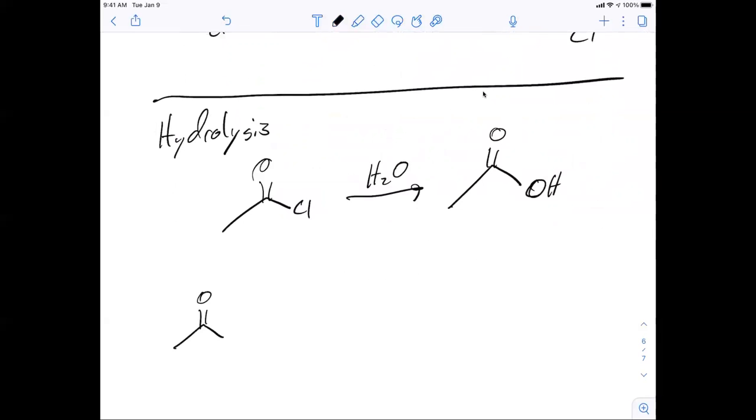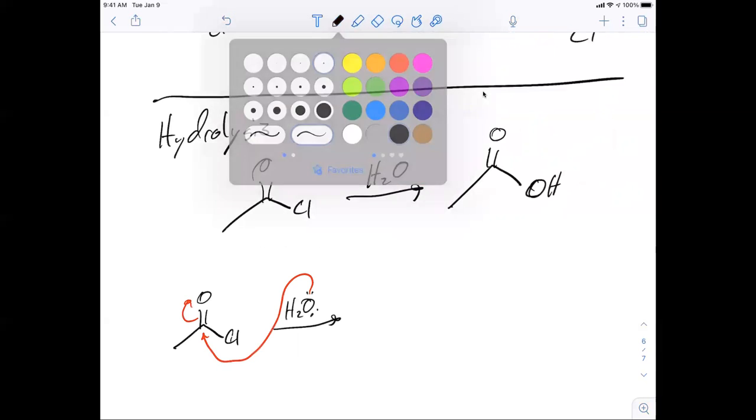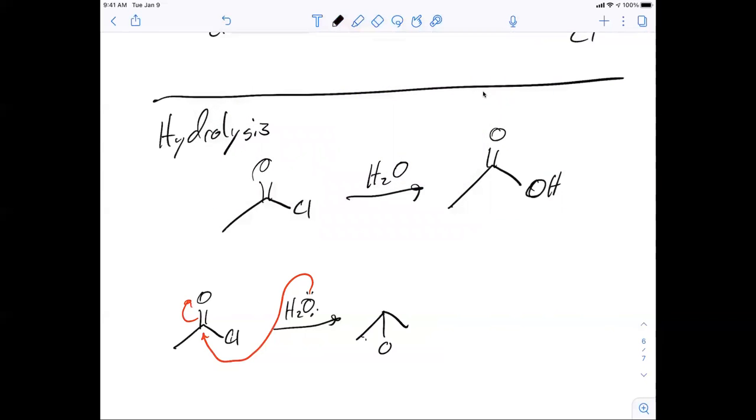If we want to look at the mechanism, water comes in, attacks the carbonyl, pi bond breaks, forms our tetrahedral intermediate. We get a proton transfer.